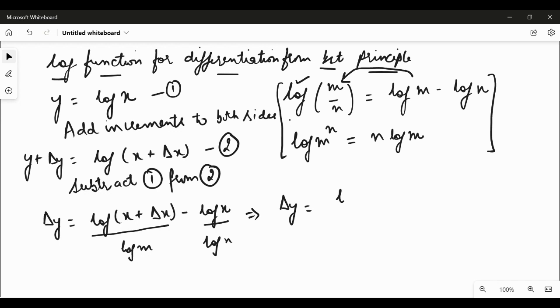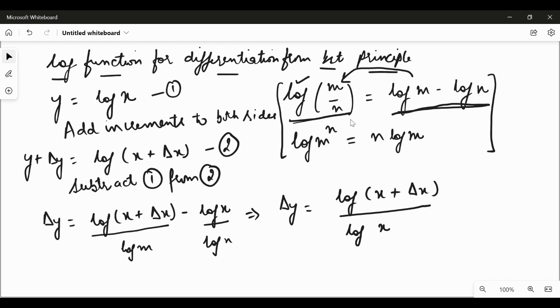I will get delta y is equal to log of x plus delta x divided by x. Simply, I have repeated that instead of log of m minus log of n, I will take log of m divided by n. Simple.